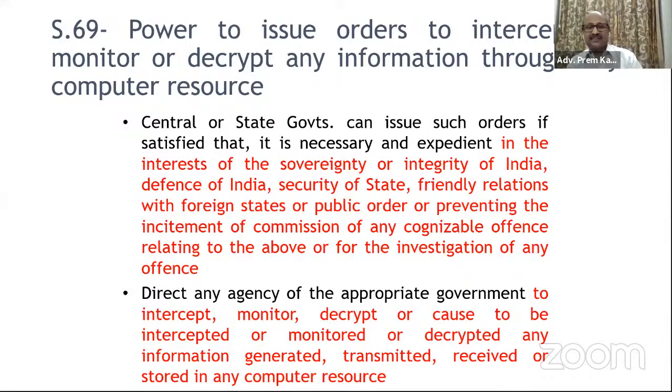Now, 69 is a very, very serious section, and somewhere it could also be entangled in the recent controversy with regard to the intermediary rules or the social media guidelines. We won't be able to discuss it today. Maybe at some other time, if I get an opportunity, we could discuss this in detail.